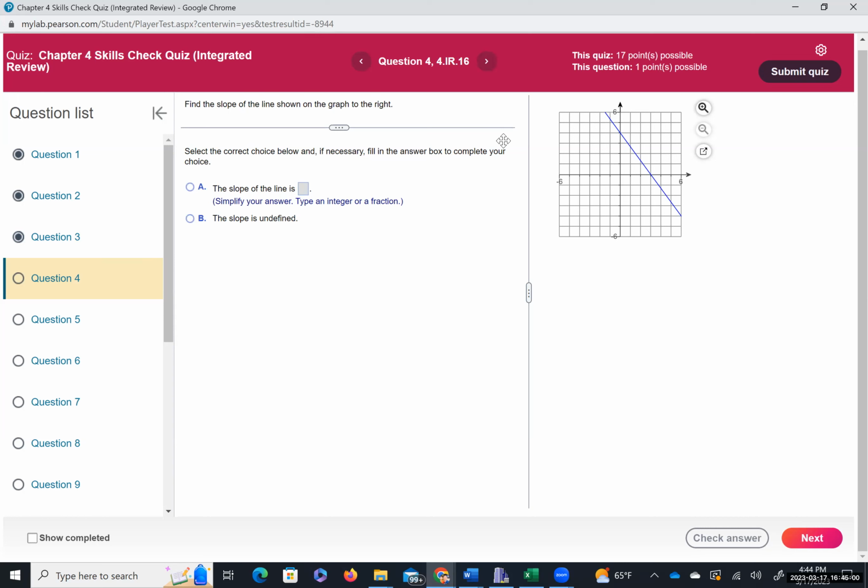Okay, so this one says find the slope. Okay, find the slope of the line. So in order to find the slope of the line, you need to have 2 points. Okay, 2 points. Say part A and part B. Part A needs the coordinate of that point.